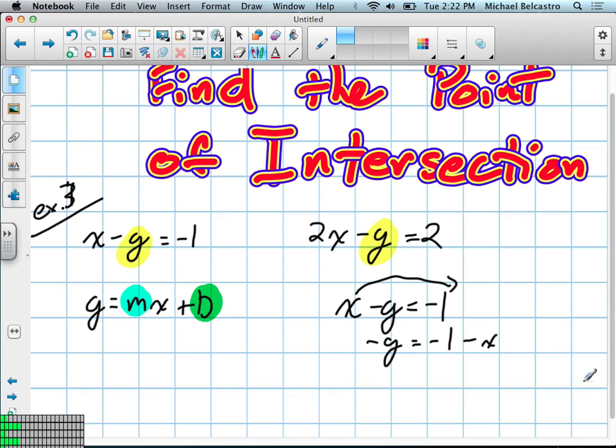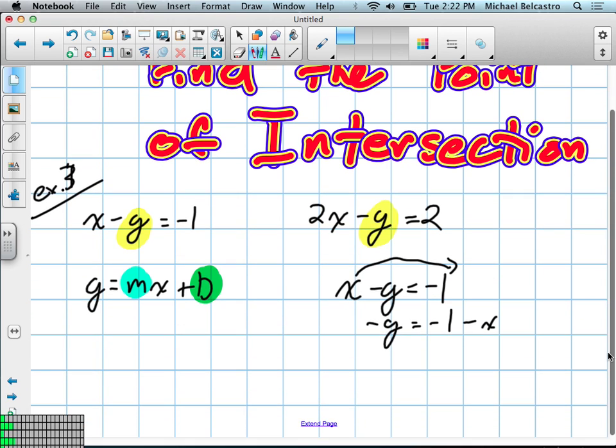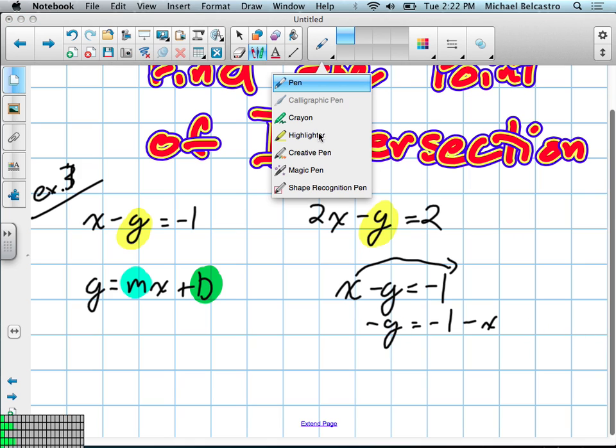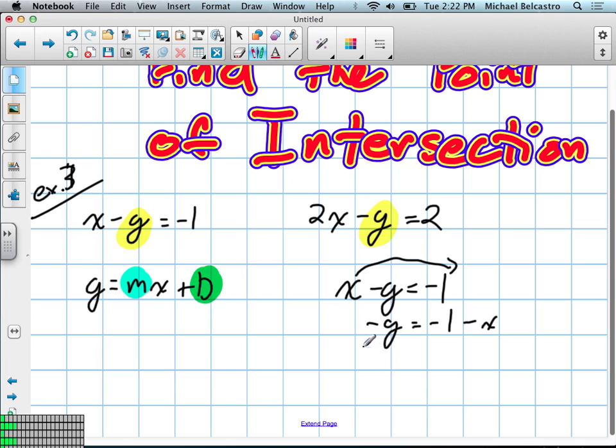Now, we do want y to be positive. And in this case, we have negative y. So we can do several things. I can divide every term by negative 1, or I can multiply every term by negative 1. So times negative 1. Either one works. All that it's going to do is flip all of the signs.